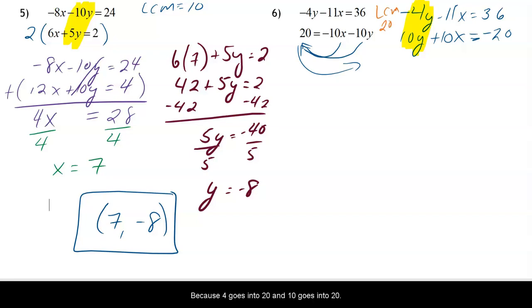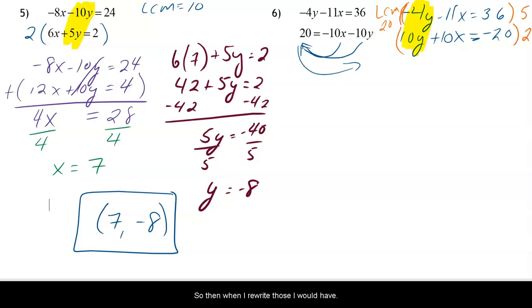Okay, because 4 goes into 20 and 10 goes into 20. So if that's going to be my LCM, that means I'm going to need to multiply my first equation by 5, because 4 times 5 would give me 20, and my second equation by 2, because 2 times 10 would give me 20.